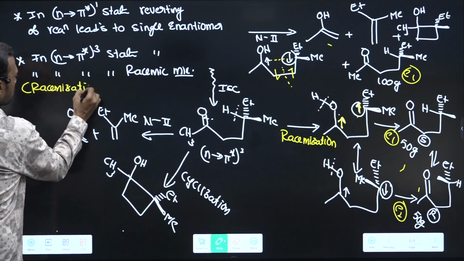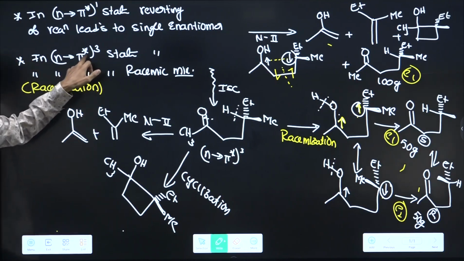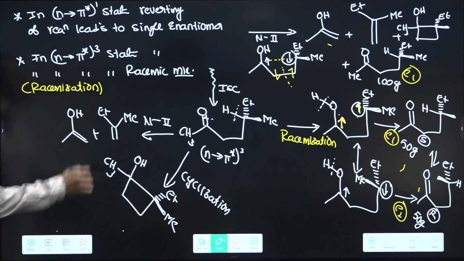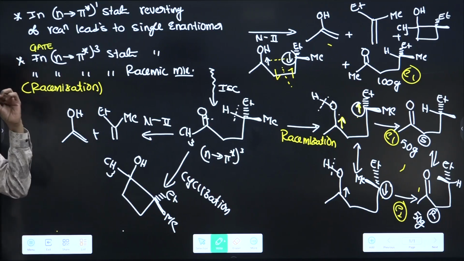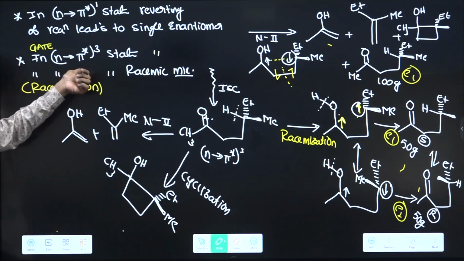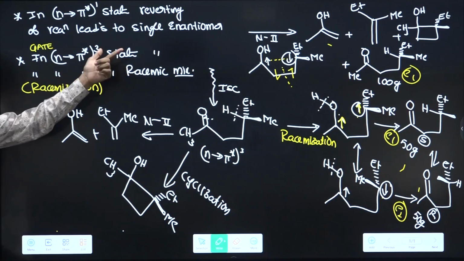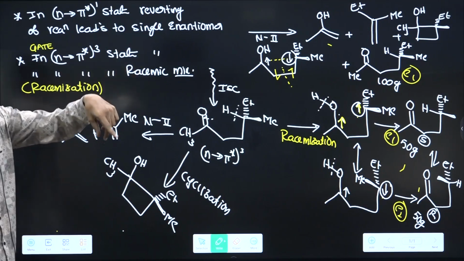So racemization is possible at which state in Norrish type 2? Racemization is possible only in triplet state. This point was asked in the GATE exam. This point is important for the GATE exam. Even the SET exam also has this statement given. Norrish type 2 reaction, racemization possible in which state? n to pi star singlet, n to pi star triplet, pi to pi star singlet, pi to pi star triplet.